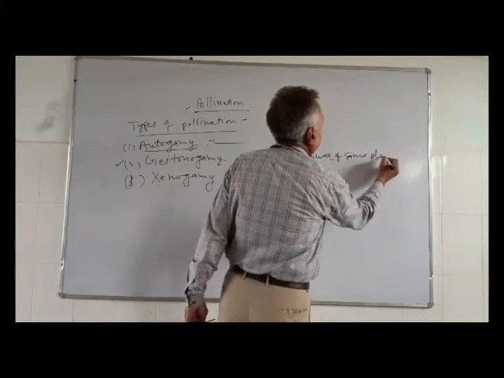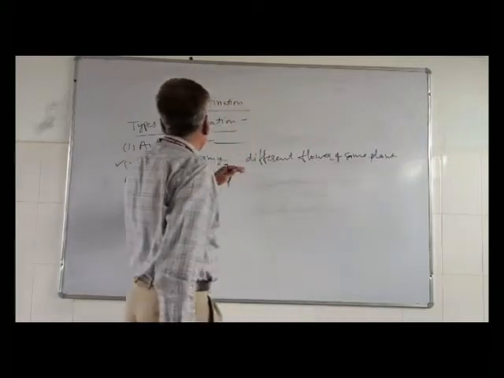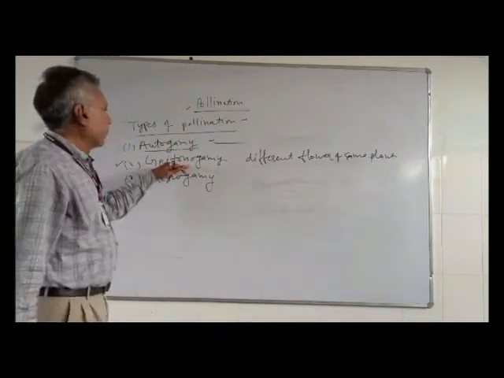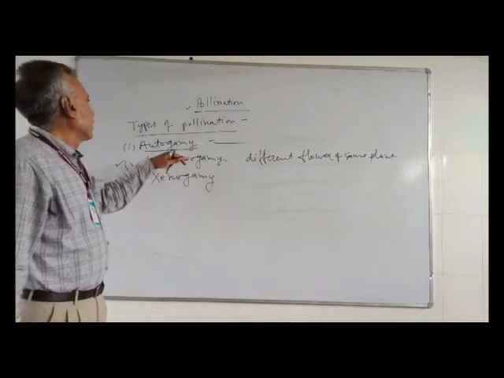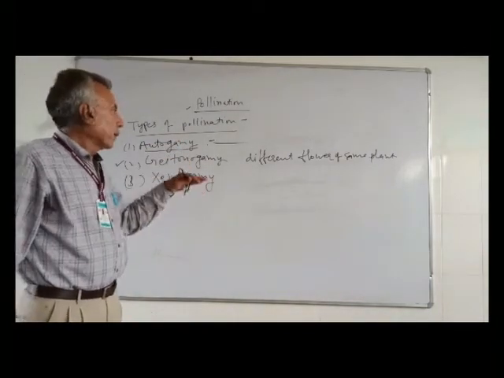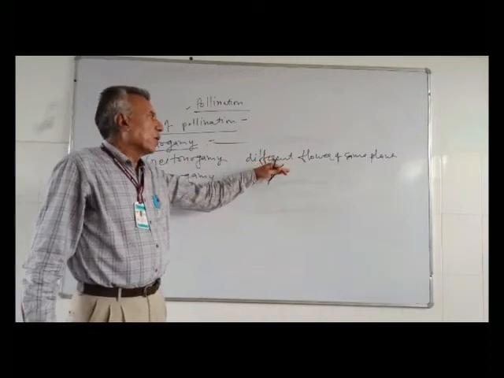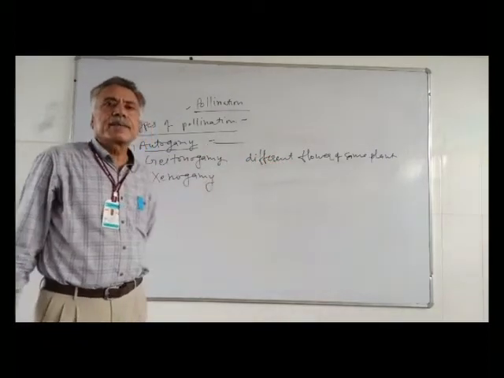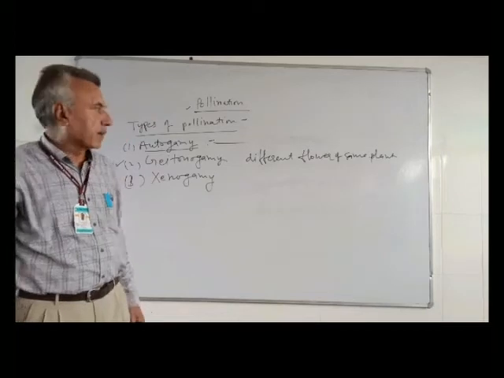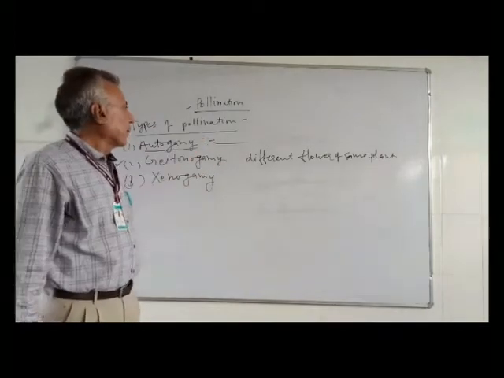Different flower, same plant. It means this type of pollination is genetically similar to autogamy. Here, the male gametes and female gametes both belong to the same plant, thus genetically they are alike, like autogamy.